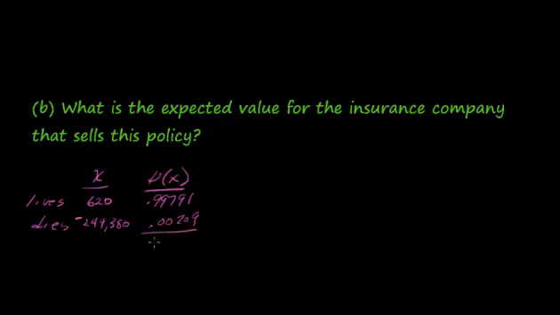And again, they sum to 1. So that doesn't change. What changes is what's positive and what's negative, because it depends on the viewpoint. So we'll multiply across, and we'll expect to get the same results, only the signs are changed.